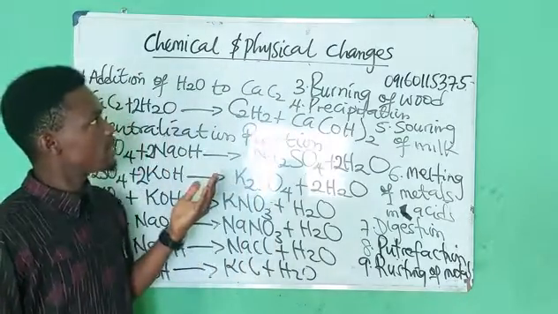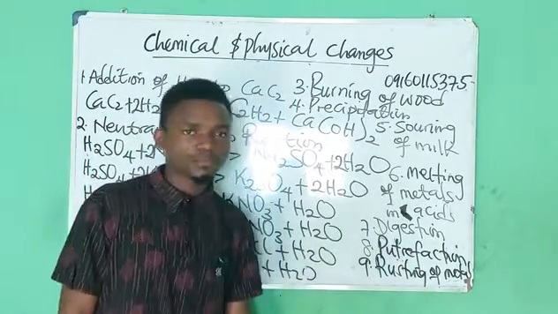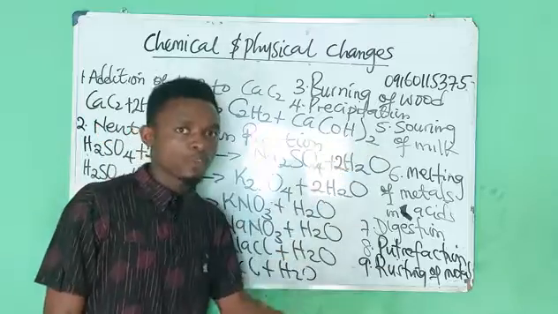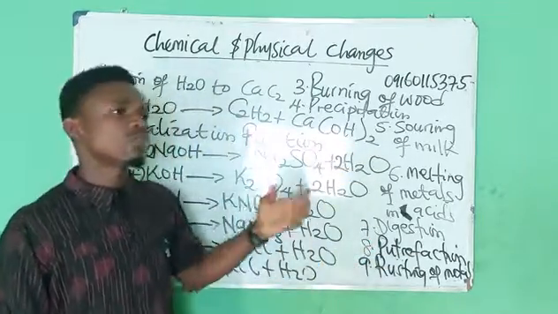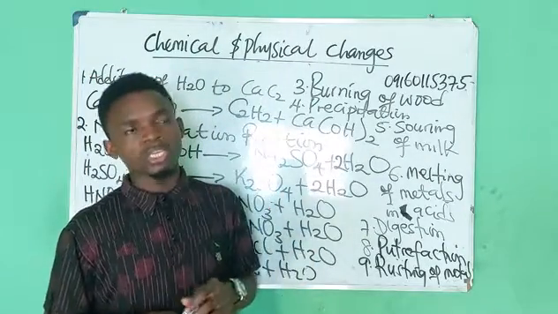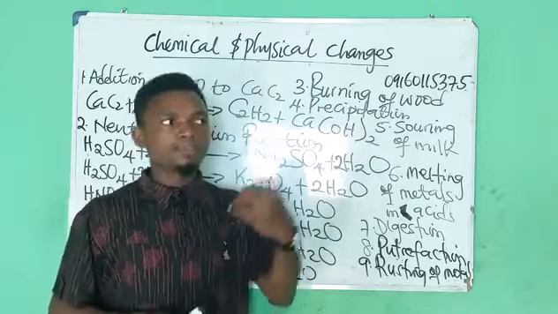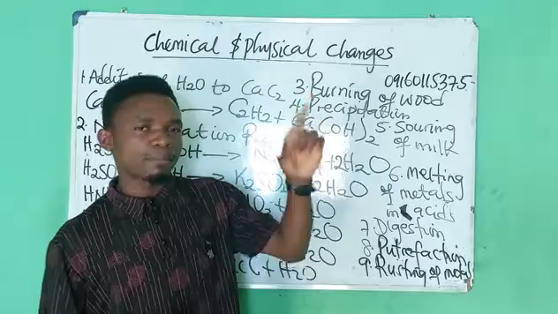So what are examples of physical changes? The addition of sodium chloride or potassium chloride to water. Of course, both of them are salts. When salts are dissolved in water, I have a salty solution. I can get back my salt by sacrificing the water through a process called evaporation.